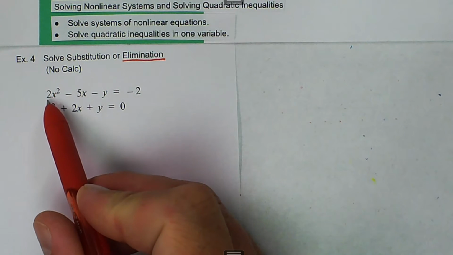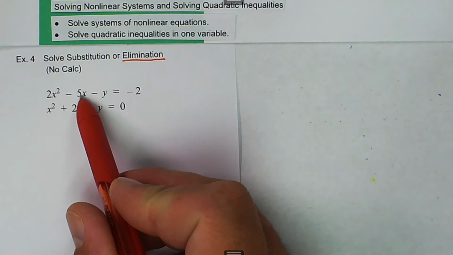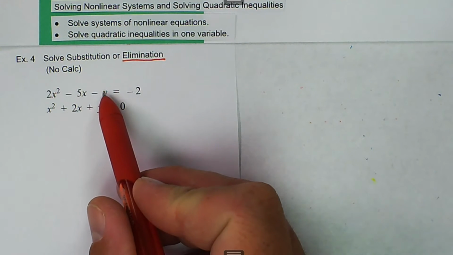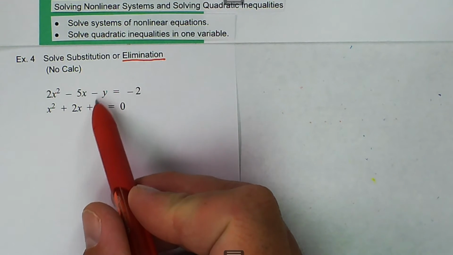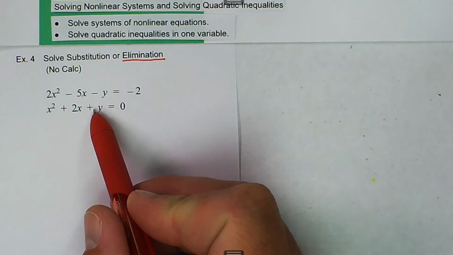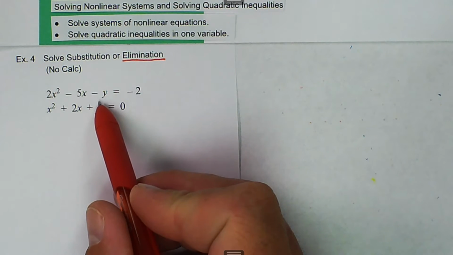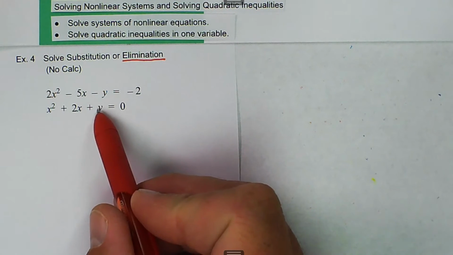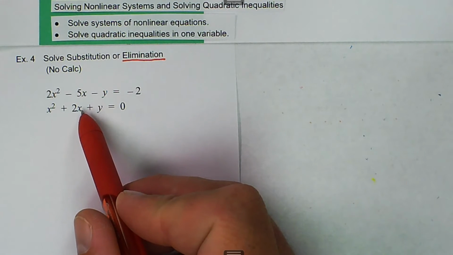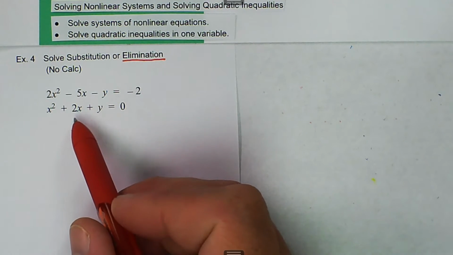So we have the coefficient of 2 and 1, coefficient of -5 and 2, and a coefficient of -1 and +1. So in this case, if we use elimination, the y's will cancel each other out, and then we'll just be left with a quadratic equation.